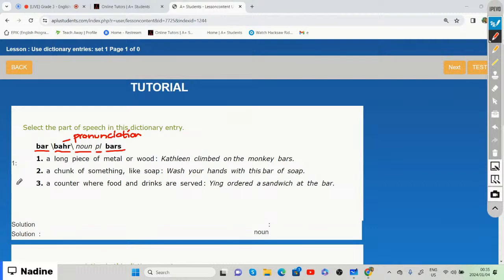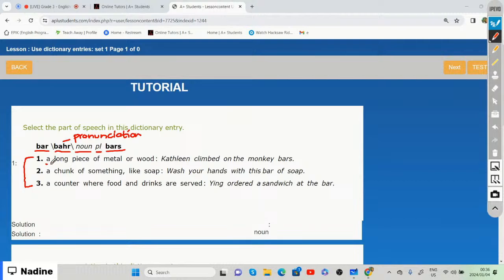Now, a dictionary entry, if you are looking at a specific word, will also be numbered, meaning that if bar has more than one meaning, they will put all the meanings in number form. The number one says a bar, the first meaning of bar, means a long piece of metal or wood.